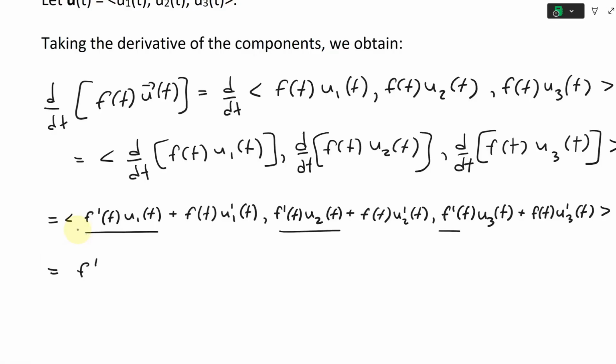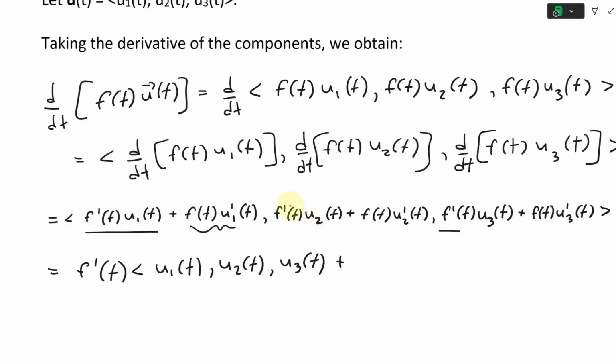So f prime of t, and then in brackets u1(t), u2(t), and u3(t). And now we do plus, and now we factor out the other parts.